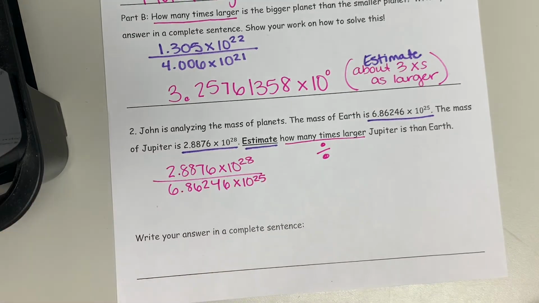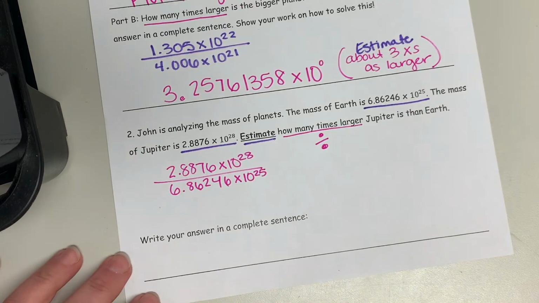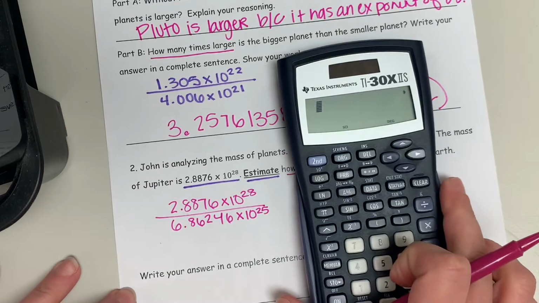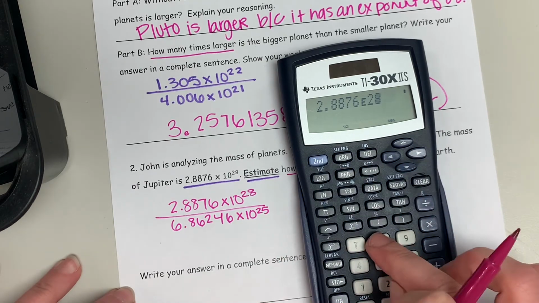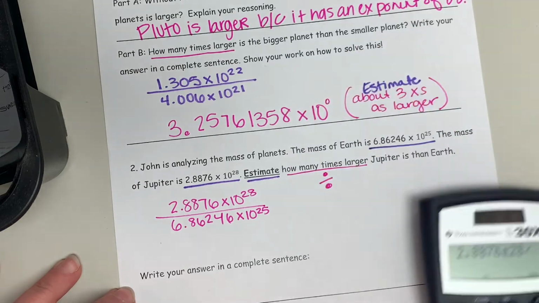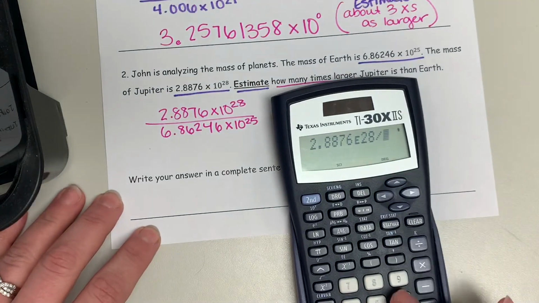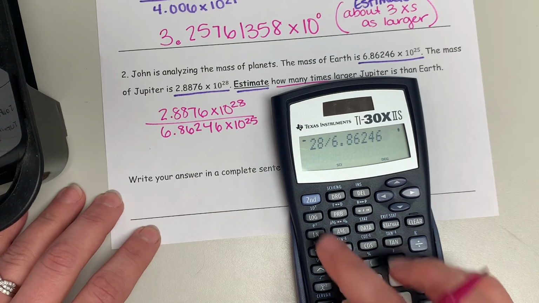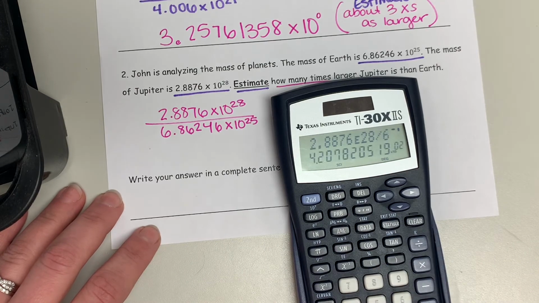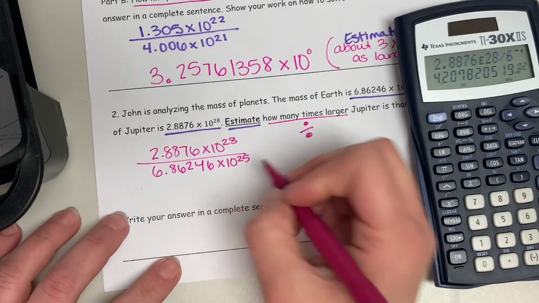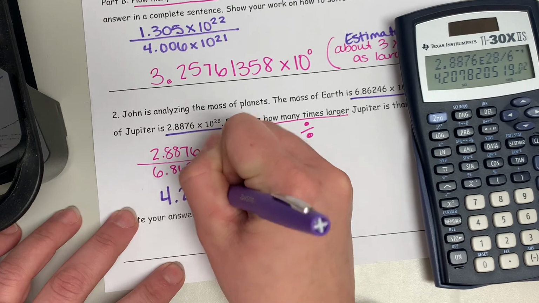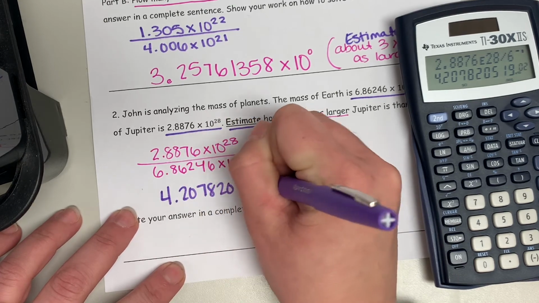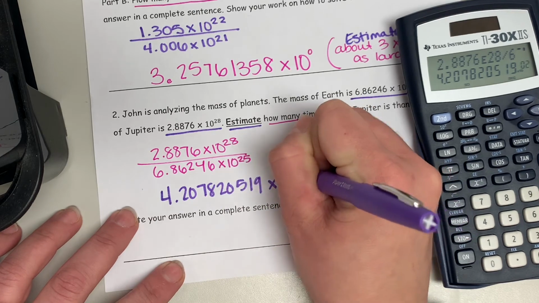You're going to enter it in your calculator to find the exact answer, but then we are going to find the estimate. So 2.8876, use my E, to the 28th, divided by 6.86246, use your E, to the 25th, divide. So this equals 4.2078200519 times 10 to the 2.